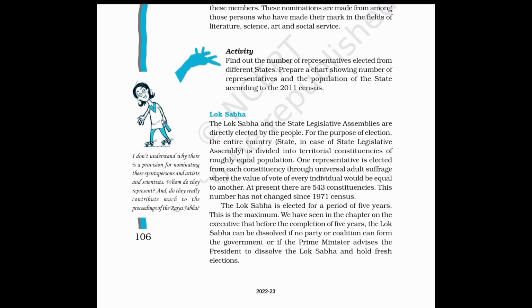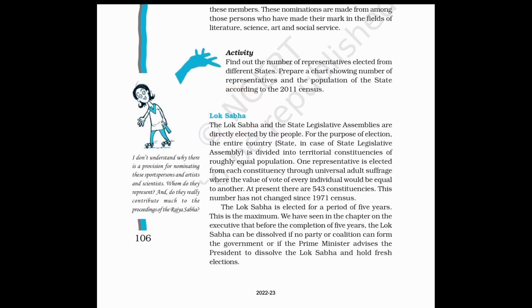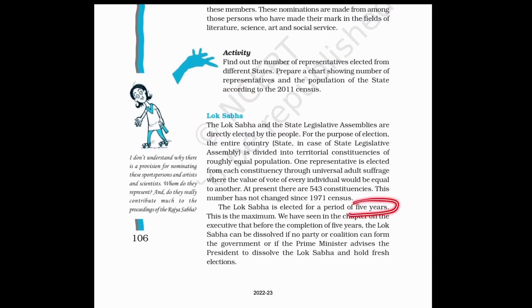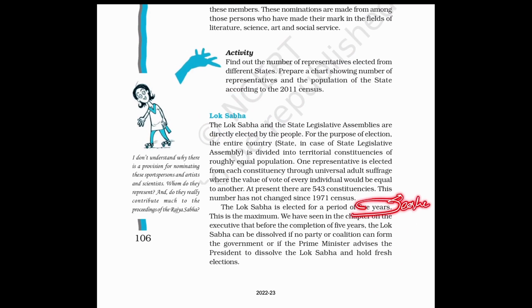For example, Lok Sabha can be dissolved if no party or coalition can form the government, or if the Prime Minister advises the President that we have to dissolve it earlier and hold fresh elections. These things have happened in the past. So again, when we discuss this in detail, you will see those examples from history. Maximum is 5 years, but it can be dissolved earlier also. This is what you need to remember.